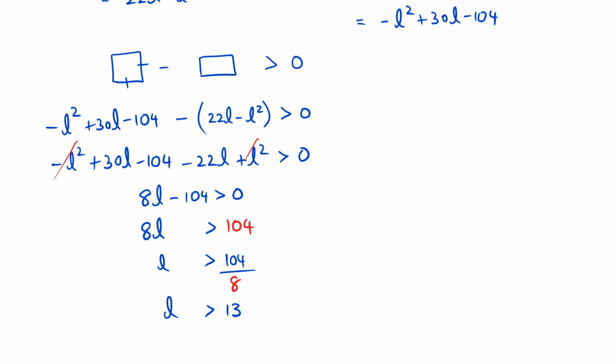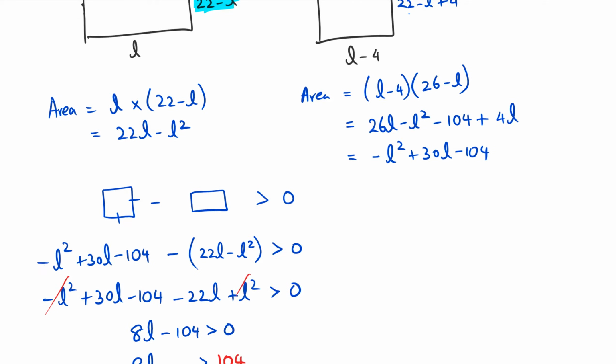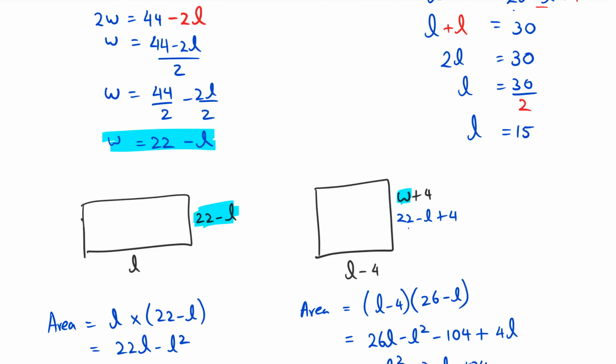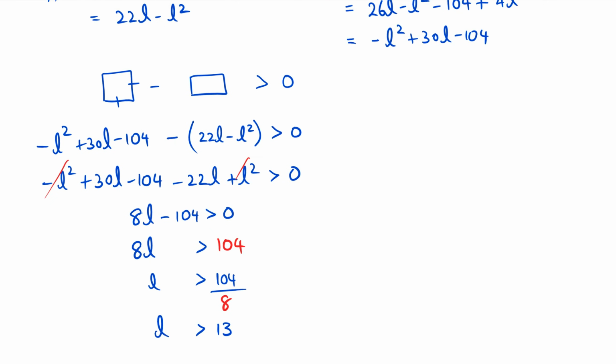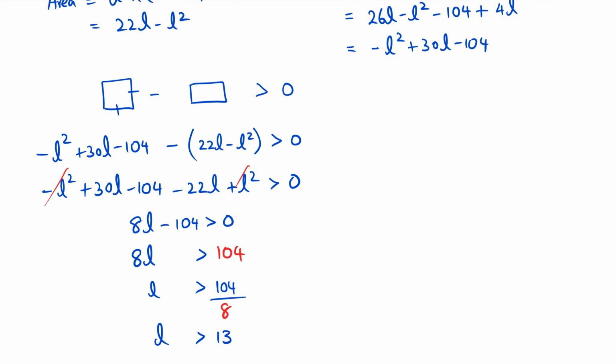But just to keep in mind, there's only one value of L where it'll actually become a square, and that's when L is equal to 15, as we discovered earlier in the first set. So we're just kind of proving that L has to be bigger than 13, but we might just write a statement that L has to be 15, otherwise you're not going to end up getting a square, because 15 minus 4 is 11, and then 7 plus 4 is also 11.